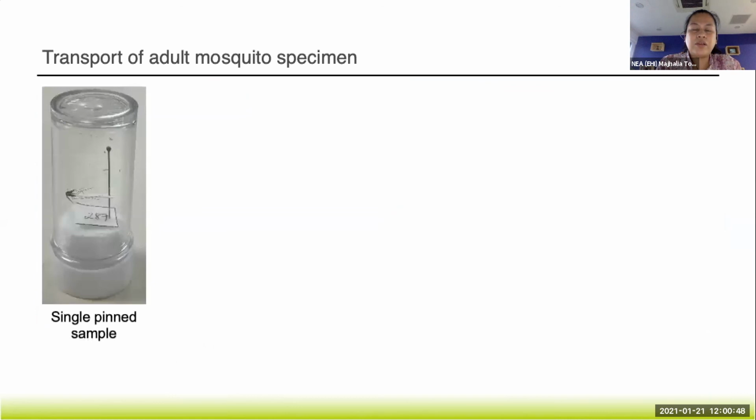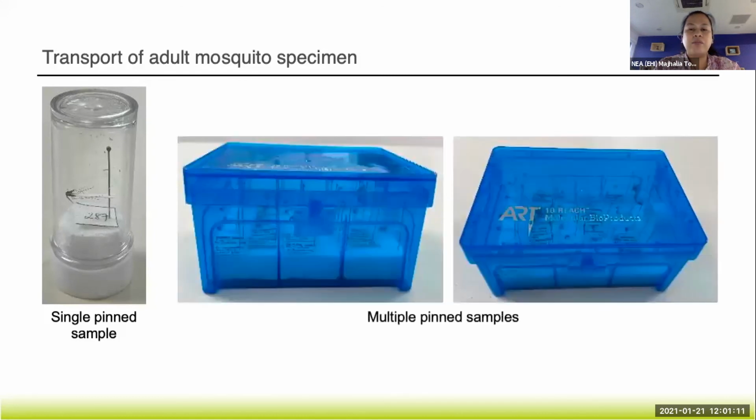So you can also transport adults as individual pinned samples. So this is a single pinned sample. I cannot put too much information inside, but I can still put a code number. So with a code number, I can refer to, let's say, an Excel file, and I can give information about this sample based on that number. Or I can send multiple samples.